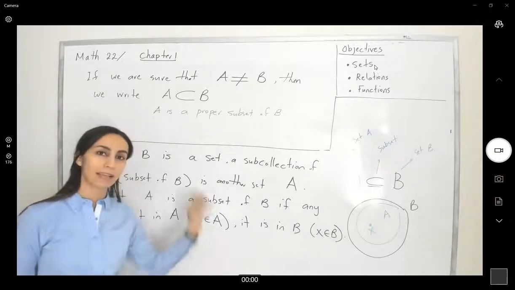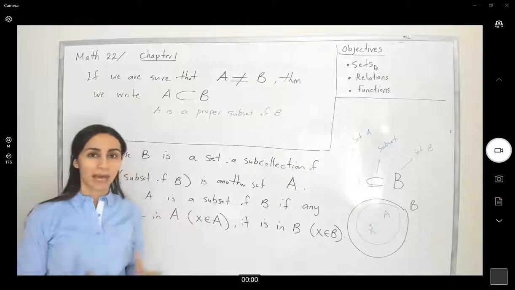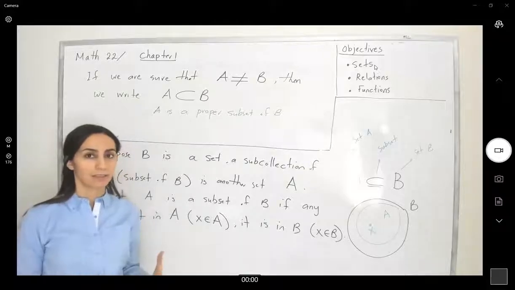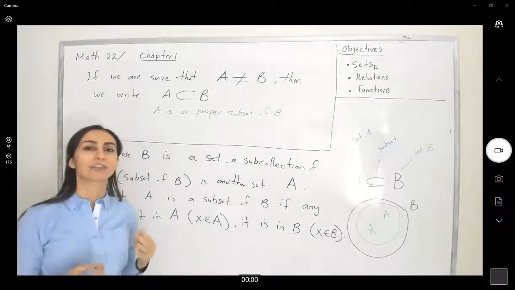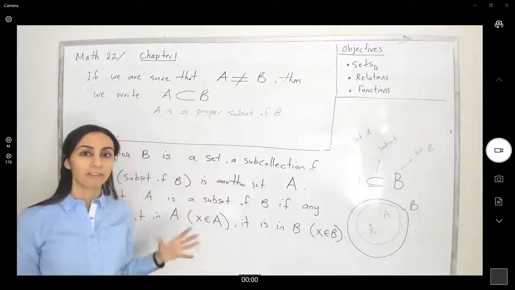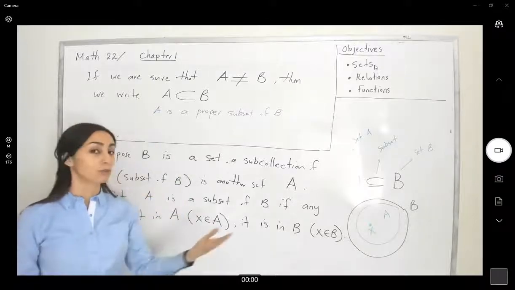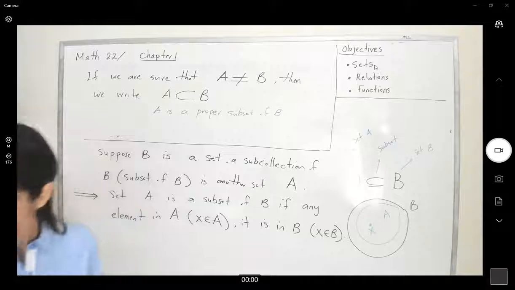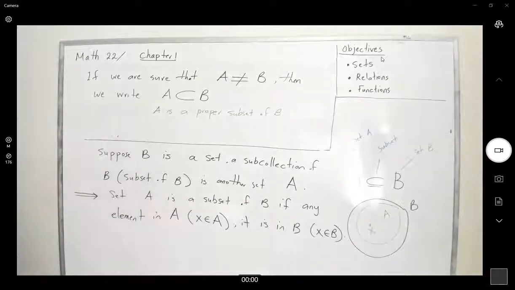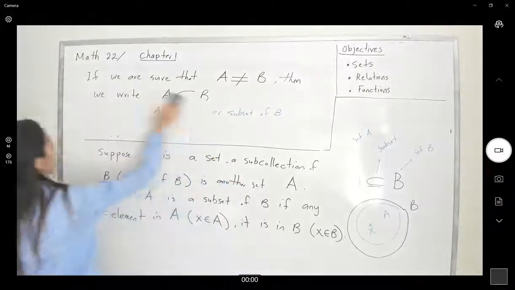Because you're sure that there are gaps in between natural numbers and those gaps cannot be filled. So definitely, natural numbers is not equal to real numbers. Okay, give us some examples.